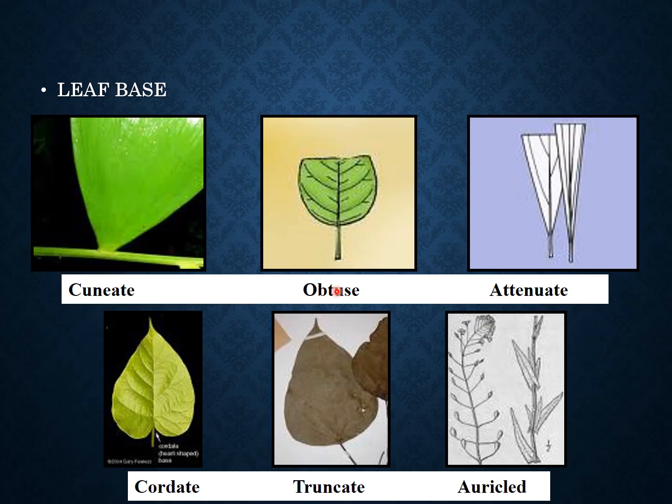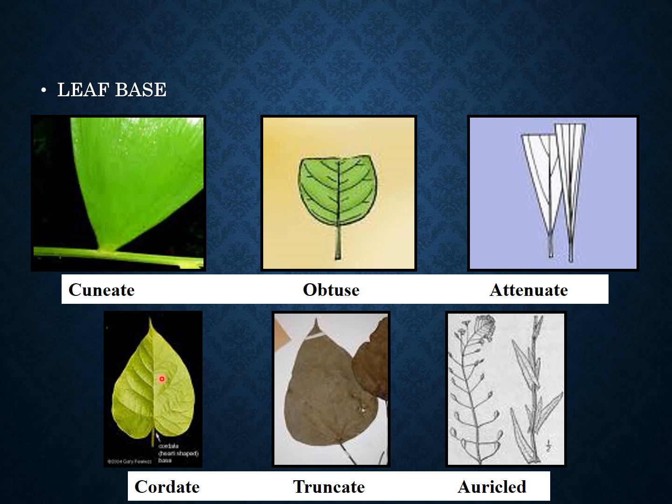Now come to discuss the variation among angiospermous families related to the leaf base. Number 1 is called cuneate base, the narrow triangular base, and obtuse is the rounded base, and attenuate is the long narrow base.